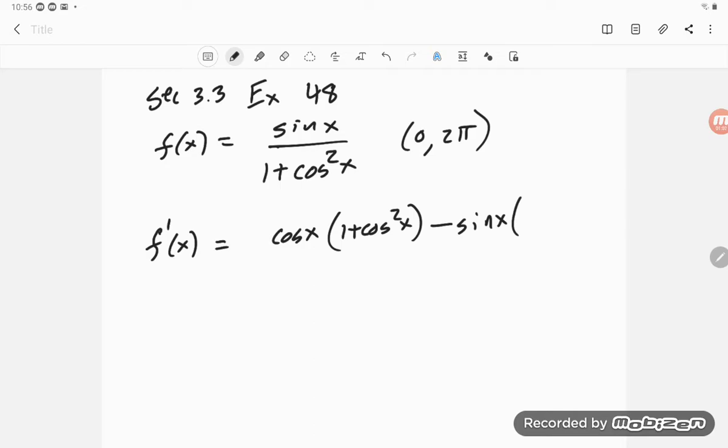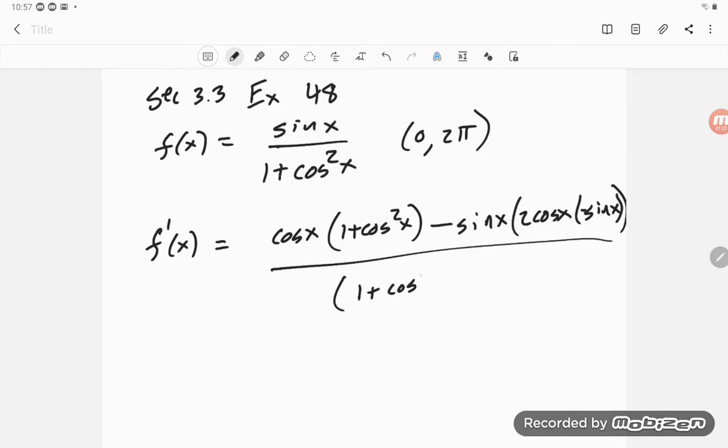Well, the 1 just becomes a 0. But I get my 2 cosine x, times negative sine x because of the chain rule. So, whoa. That looks really nasty. And then all over 1 plus cosine squared x, all squared.